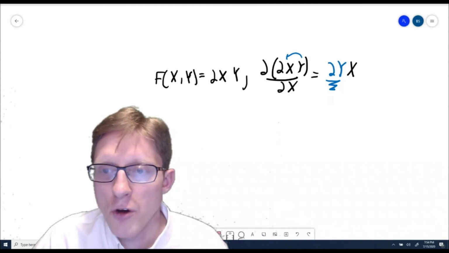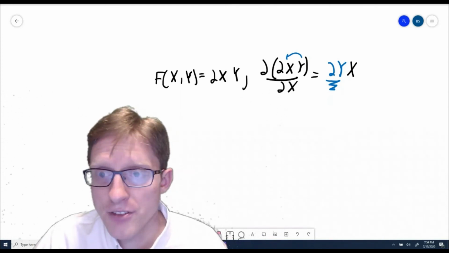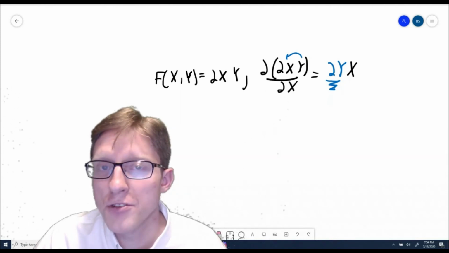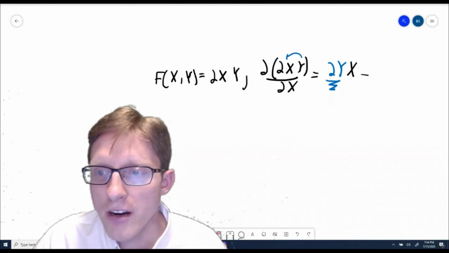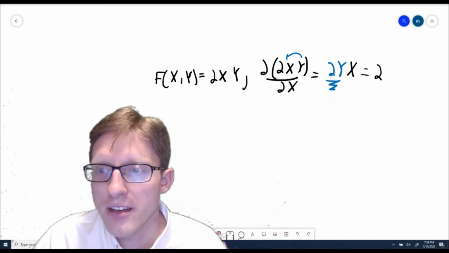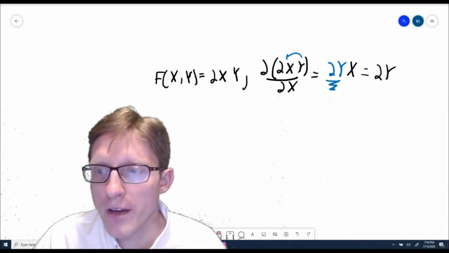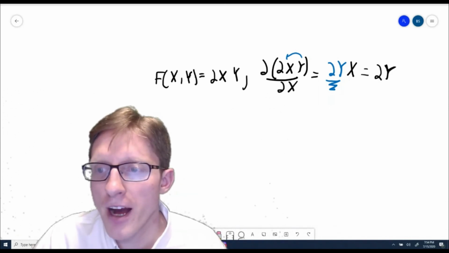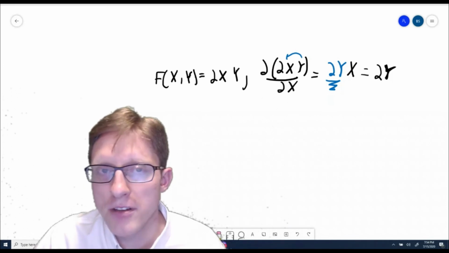Okay, so if you have some constant times x, the derivative is just equal to that constant. Here, the constant is 2 times y, where y is the other variable that we are not taking the partial derivative with respect to.